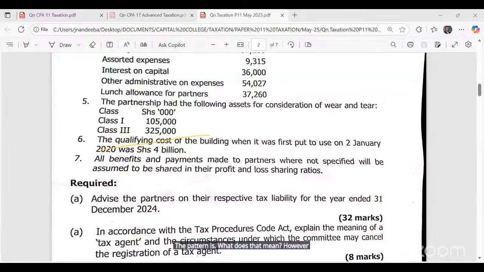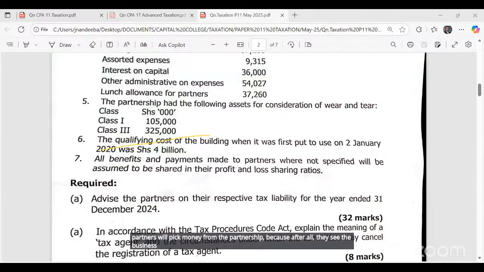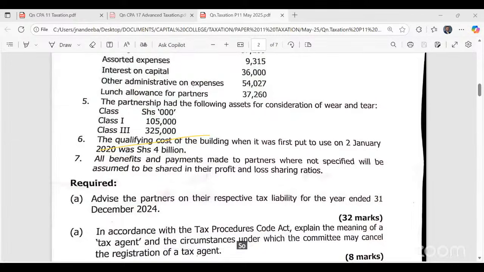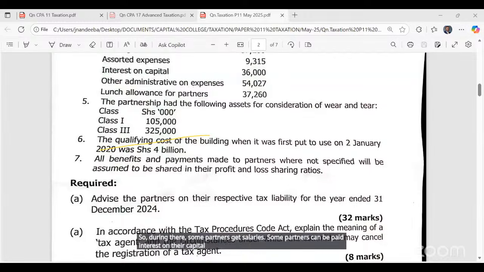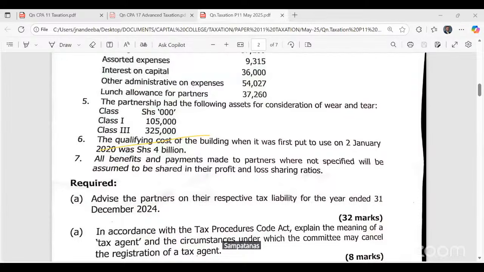However, in practice and reality, partnerships will usually pay some partners certain allowances. Partners will pick money from the partnership because after all, they see the business and themselves as one and the same. So some partners get salaries, some partners can be paid interest on their capital, some partners can pick money for private expenses, some partners can pick anything, drawings, etc.